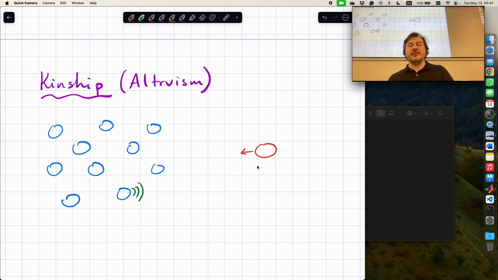So why do we have this? Because all these birds are its cousins. Let's say they share 10% of the genetic material. Okay, let's say there are 100 birds here. Their closeness is 10%.